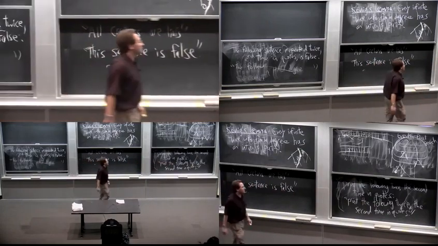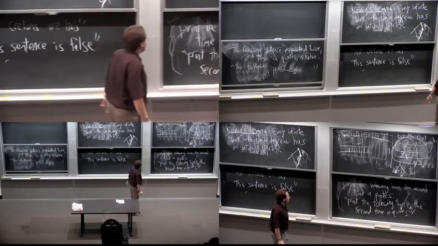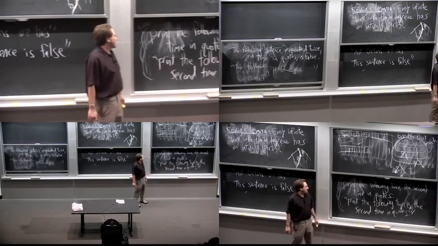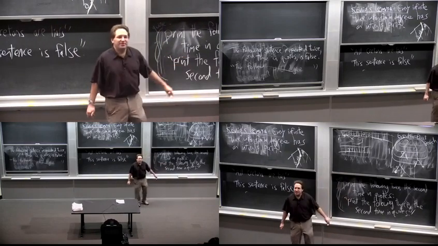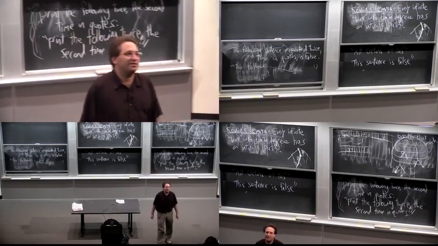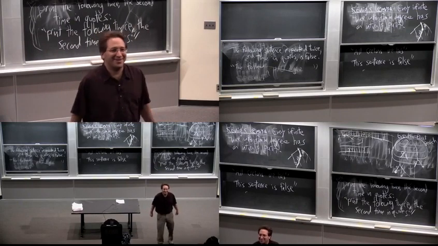Incidentally, I can't resist pointing out that this trick, "print the following twice, the second time in quotes," is basically how we work. This is basically how DNA works. This is how reproduction works.